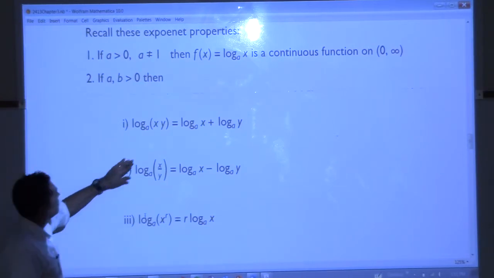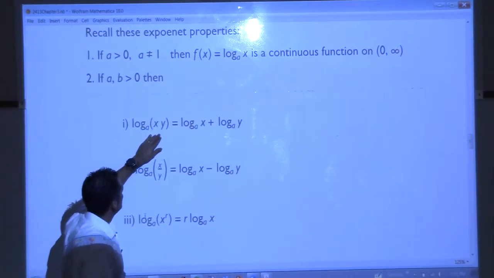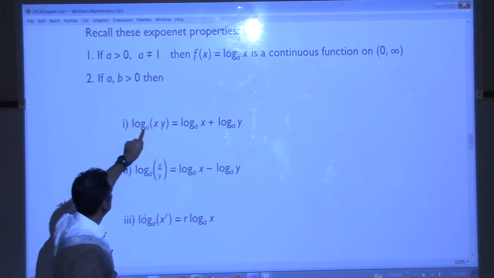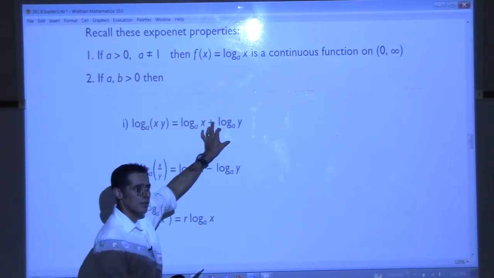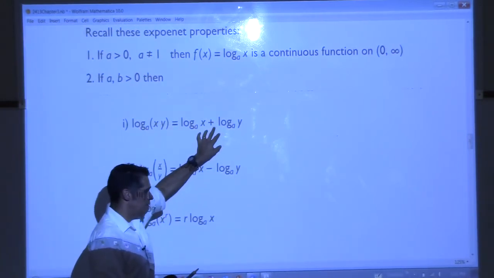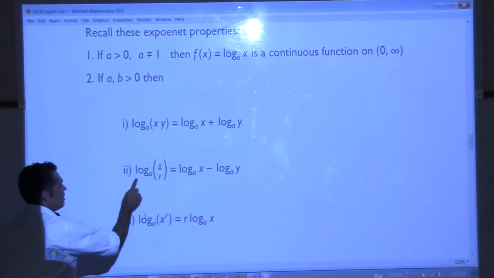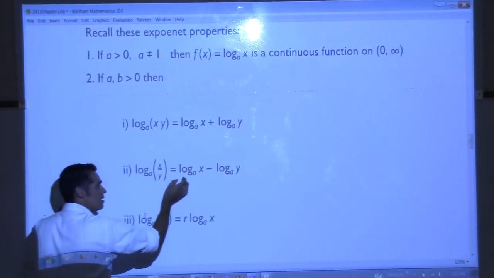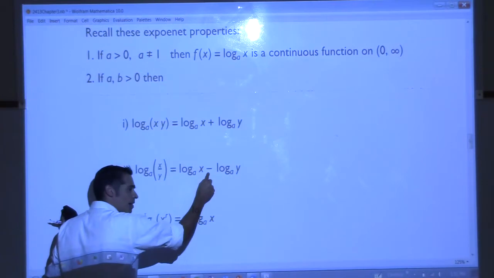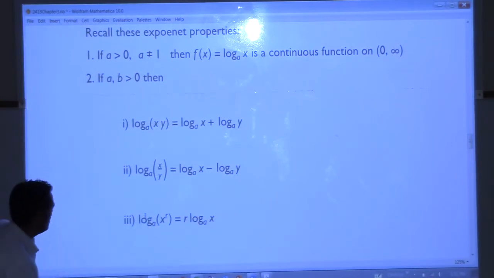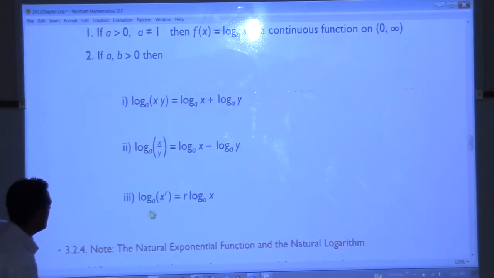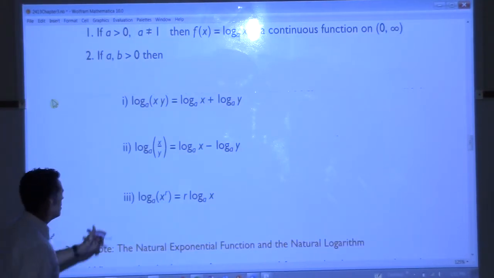When you have log base a of a product, two things being multiplied, you can split this up into 2 logs. That's a property of logs, very unique about logs. If you have division inside, you can split it up into 2 logs with subtraction. Do these look familiar? This property was just insane, but we use this so much in calculus.